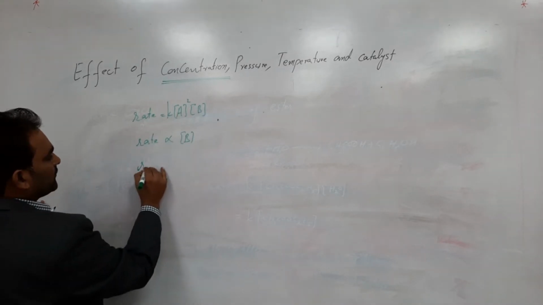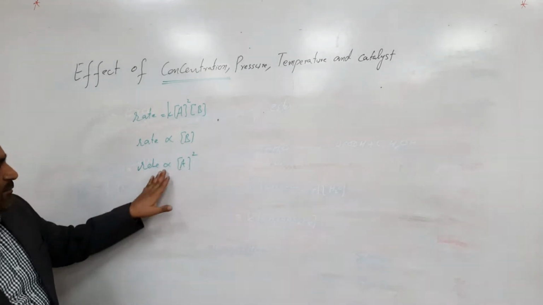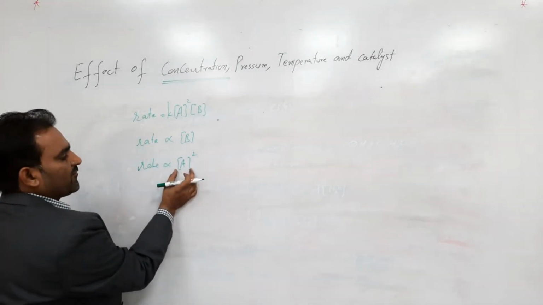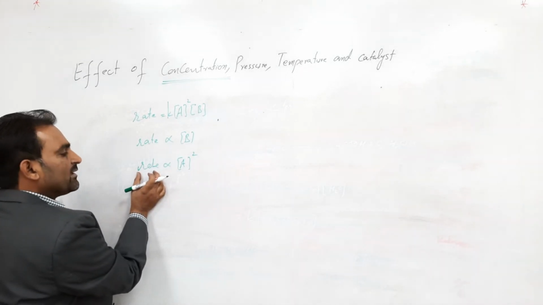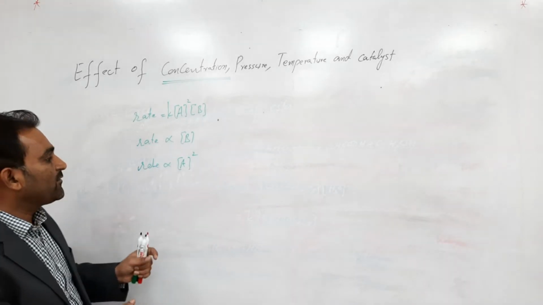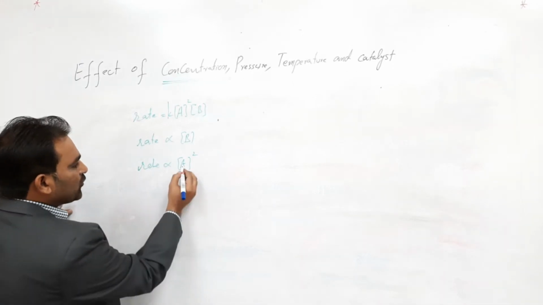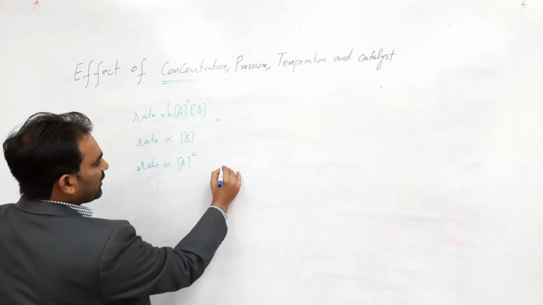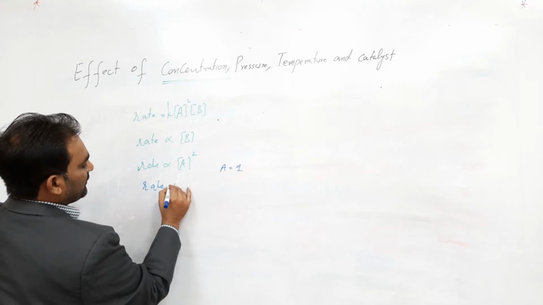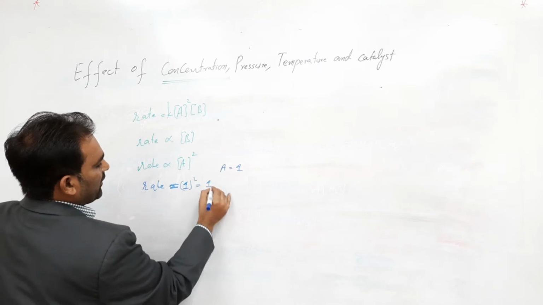For this case, the rate is directly proportional to the square of the concentration of A. If you increase the concentration of A, the rate of reaction will be increased. Suppose A is 1, the rate will be equal to 1 raised to power 2, which is 1.